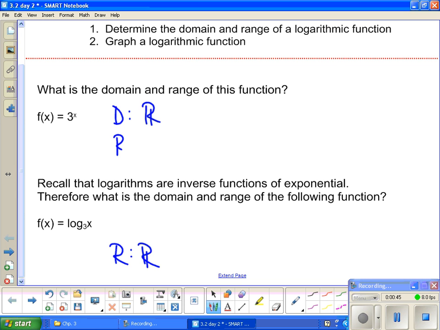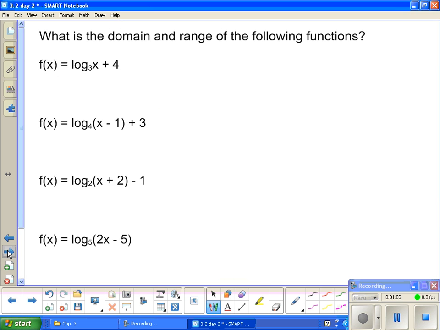If my range here is y is greater than 0, my domain, which are my x's, would have to be x greater than 0, which only makes sense because I cannot take the log of a negative number. So let's look at finding domain and range of the following.